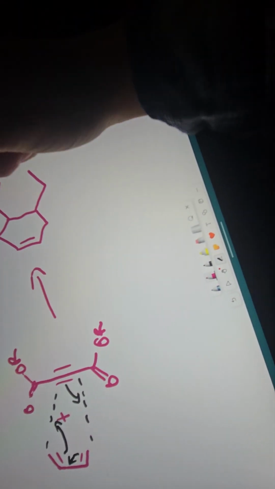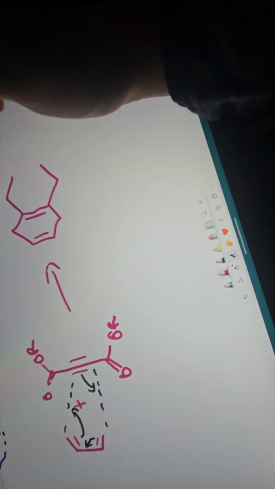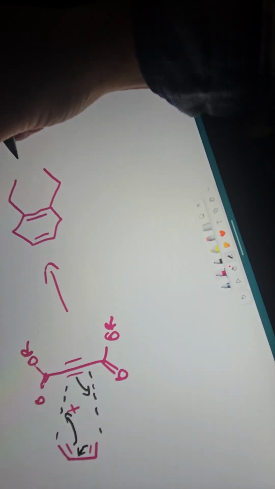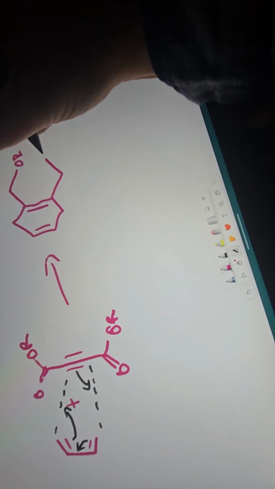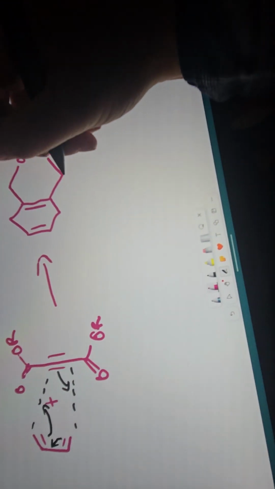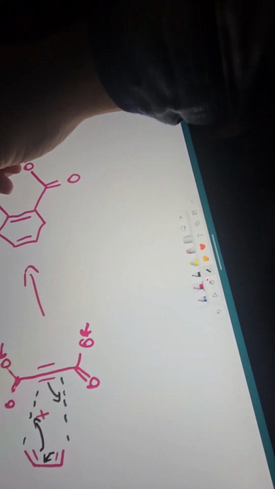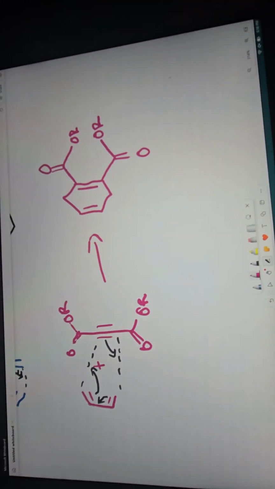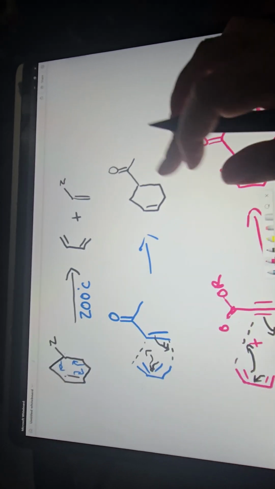Instead of a single bond happening right there, it'll just be a double bond, because only one of the bonds is moving. But pretty much, it's the same theory.